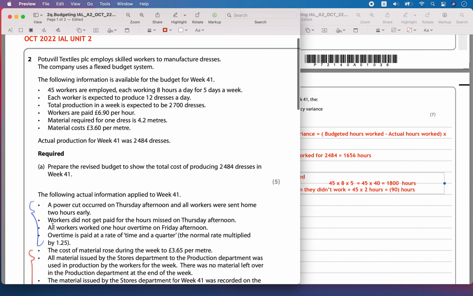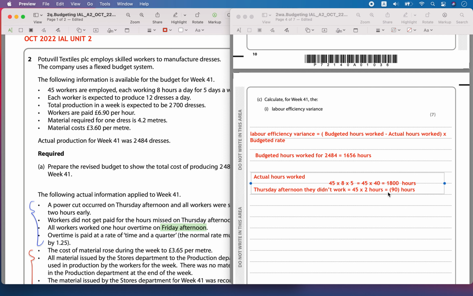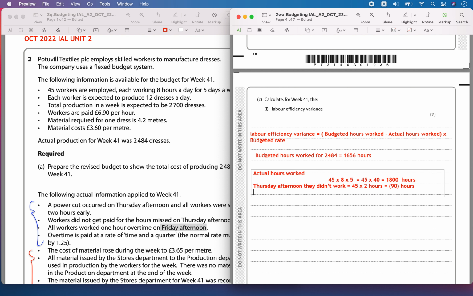On Thursday afternoon they didn't work, but all the workers worked overtime. All workers worked 1 hour overtime on Friday afternoon. So all 45 of them worked 1 extra hour, that is equal to 45 hours.